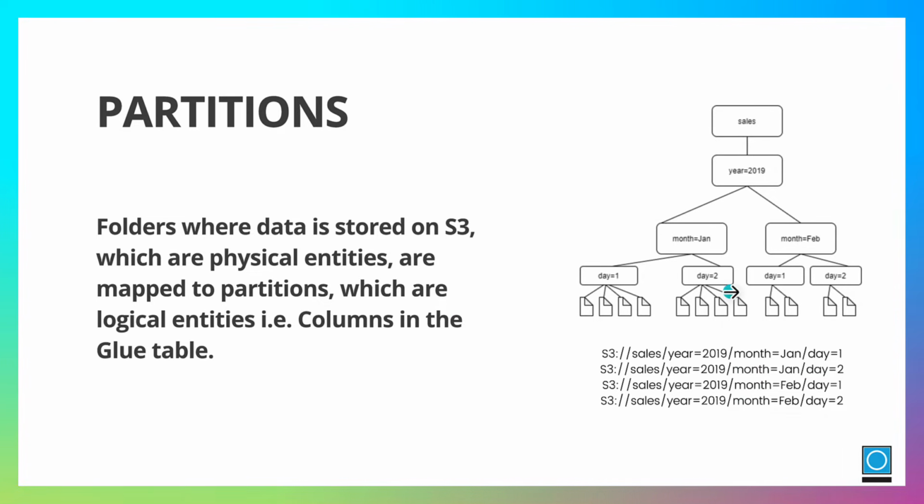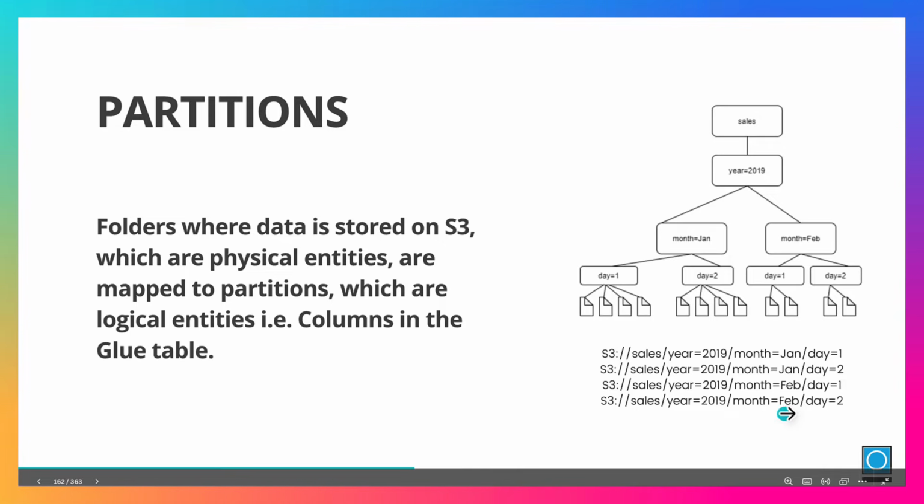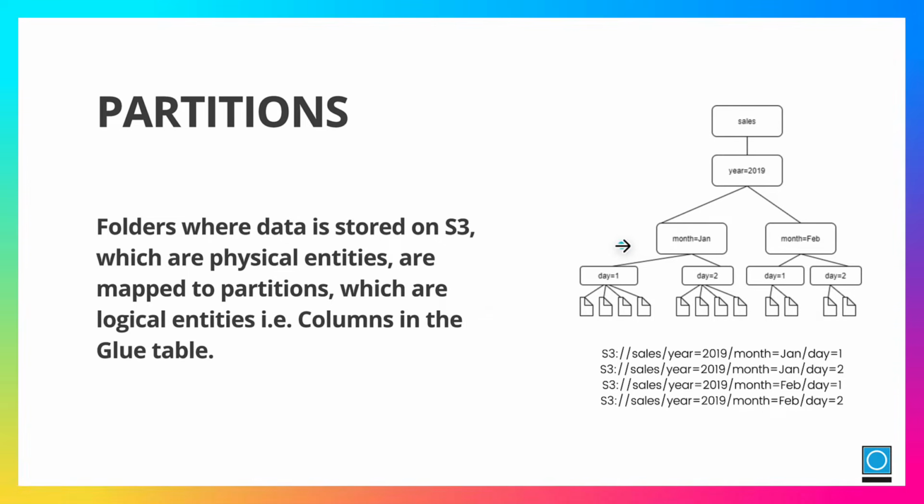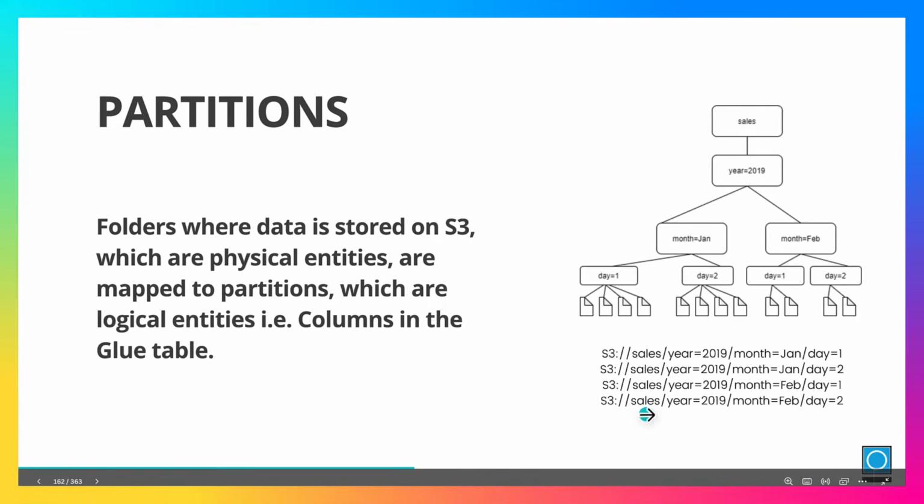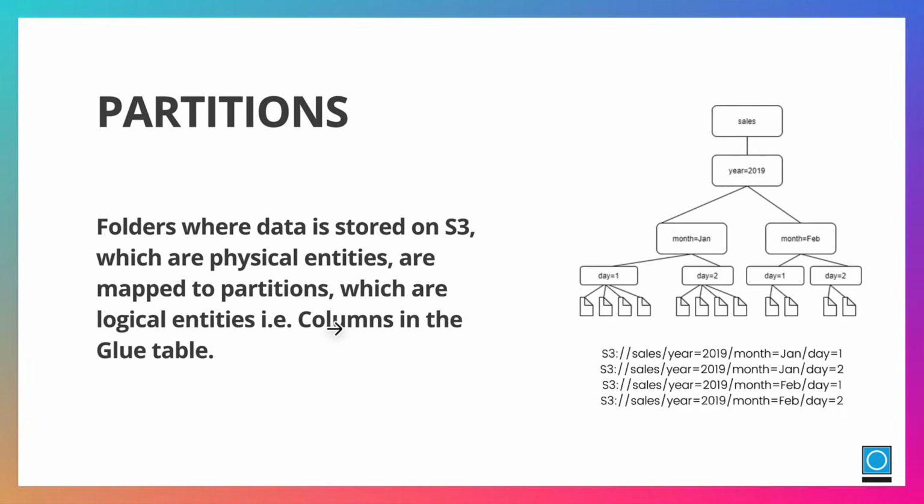So rather than having just a column in the table, you have a folder. And what this means is when you search for something, like I want to find the sales date that is February the 2nd, 2019, the inner workings of AWS Glue know that it can exclude the folders that don't have that on it. So it knows, because these days aren't correct, I can just go look at this one here out of the 4. It's a way to speed up queries. It's a way to speed up writing as well, and updates, depending exactly on what you're doing.